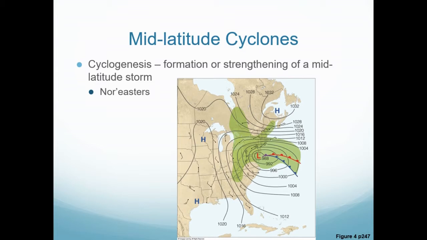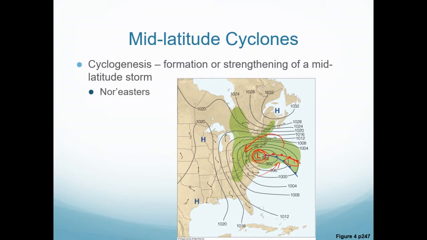Now here's an example of a Hatteras low. Now this is very important because of the Hatteras low, we get a very commonly known formation that we know as the nor'easter. Well, what's happening? You have cold air overtaking warm air, which is overtaking colder air, so you've got yourself an occlusion. But the air is moving in a counterclockwise direction around a low pressure system.